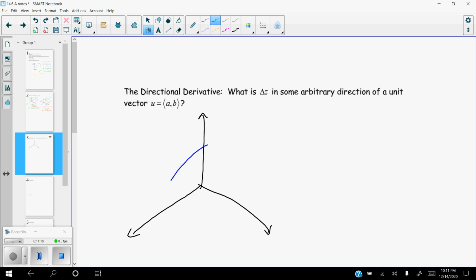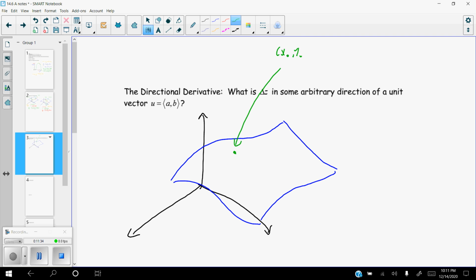So once again, I'll try and draw some kind of a surface, doing whatever it's doing, floating up in space. In this case, we're going to start off with this point right here. That's going to be x naught, y naught, z naught. So that's our arbitrary starting point.